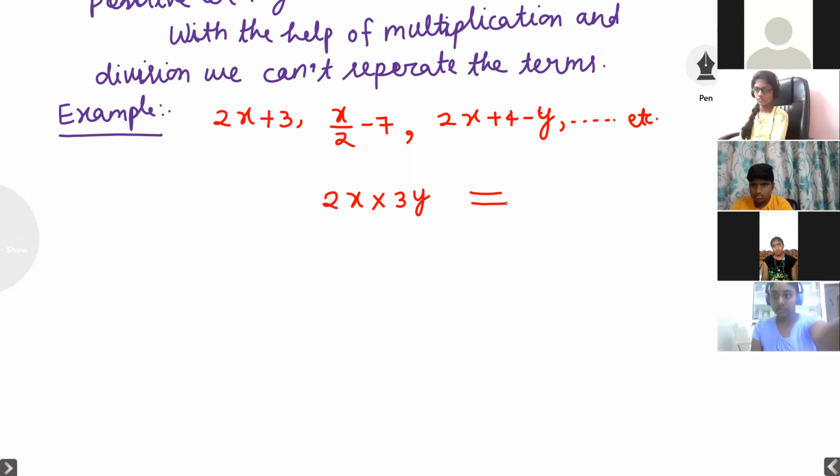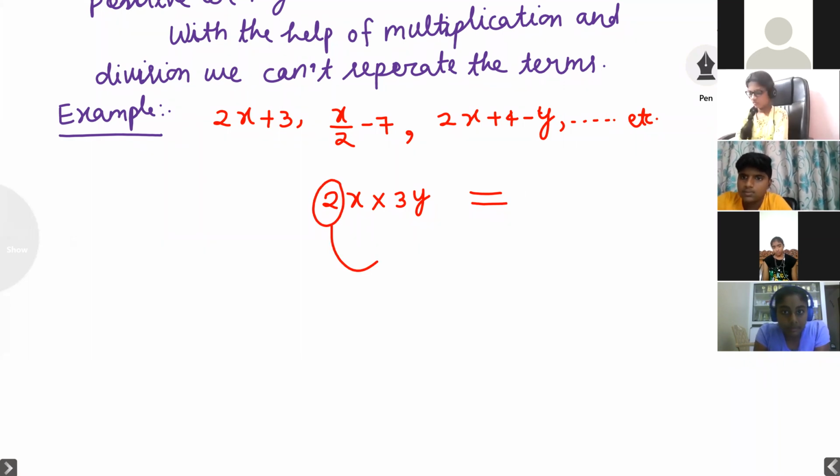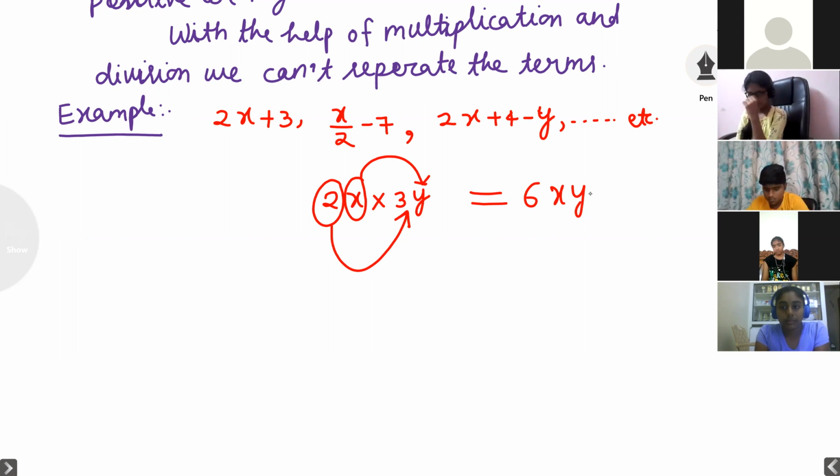But I am explaining here why I have given this concept. 2x and 3y, if I want to multiply, firstly I multiply constant with constant. 2 3s are 6. After that, variable with variable: 6xy.